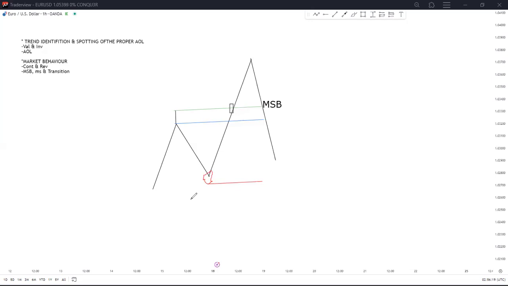And for this area, we will expect to have sufficient liquidity to allow the market to form the new high.